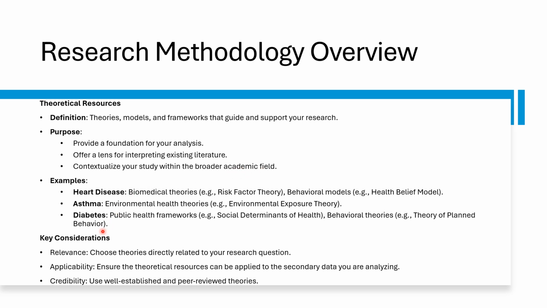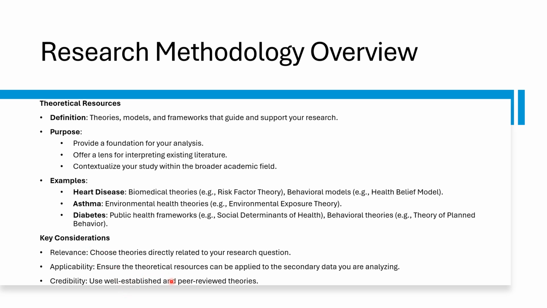So examples: for heart disease, as we said, this can be biomedical theories, risk factor models, or behavior models like the health belief model. Asthma: environmental health theories, environmental exposure theories. Diabetes, for example, public health frameworks. The key consideration is relevance: we need to choose theories directly related to your research questions.